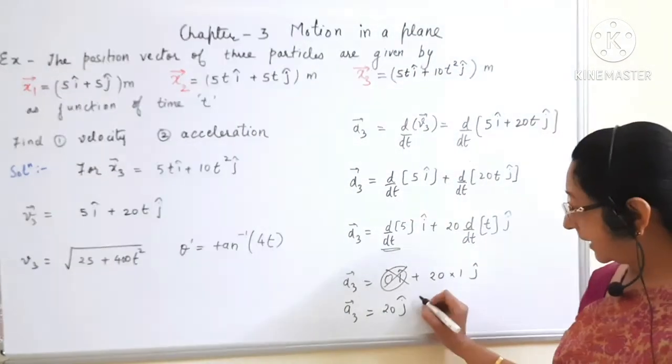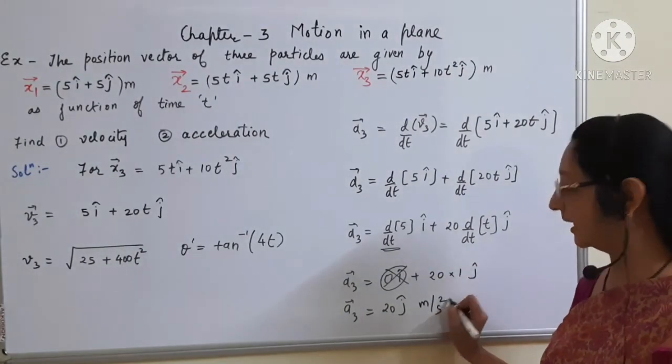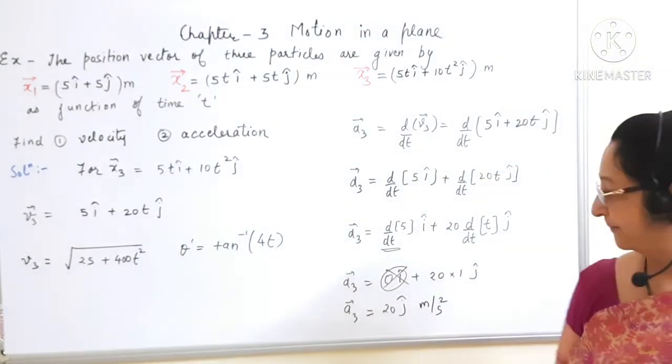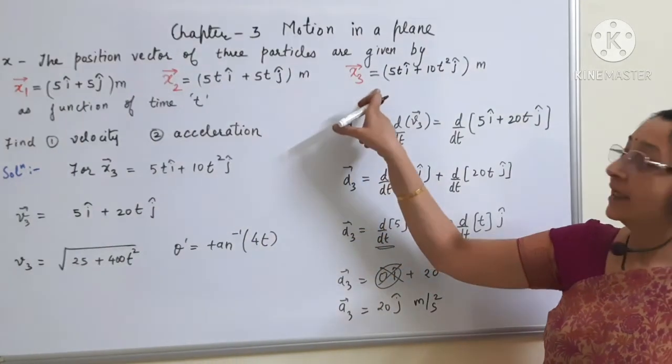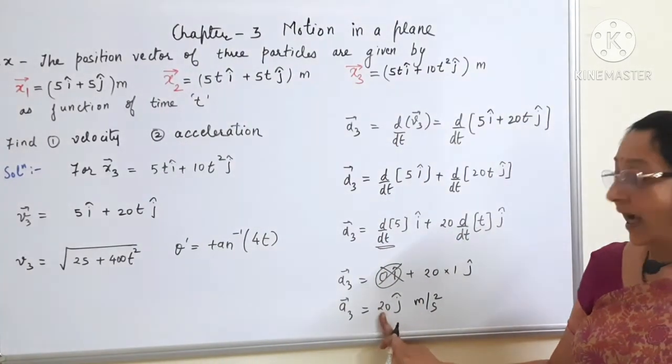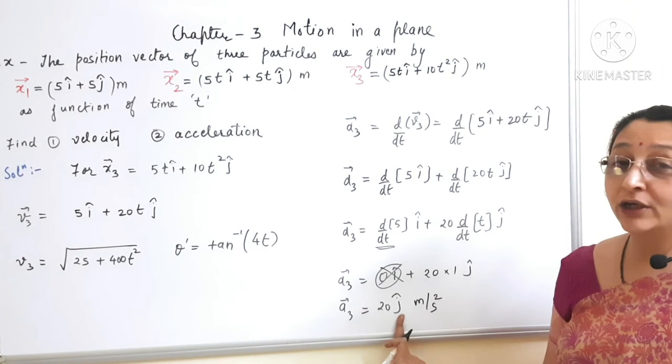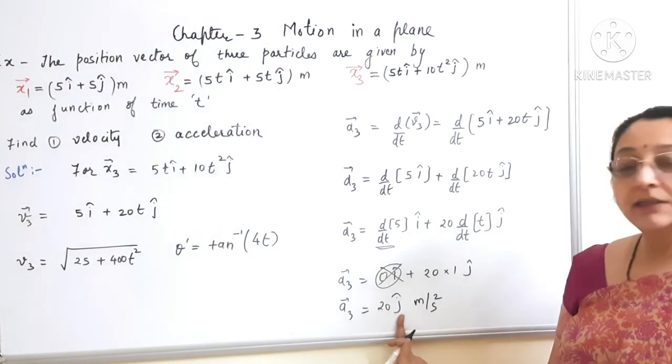याचं युनिट काय येणार आहे? ॲक्सिलरेशनचं जे युनिट असणार आहे ते meters per second square is the unit. So what can we say? The particle 3 is getting accelerated because इथे काय आलं? 20j. j काय आहे? युनिट वेक्टर along the y axis. मग आपण कसं म्हणू शकतो आता?